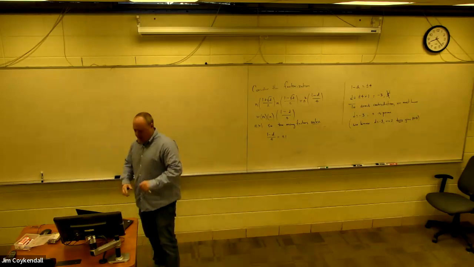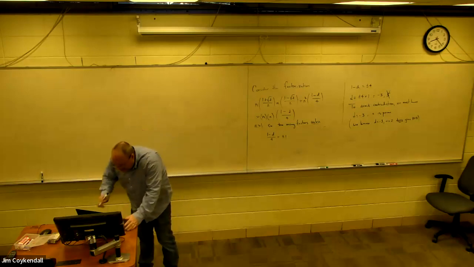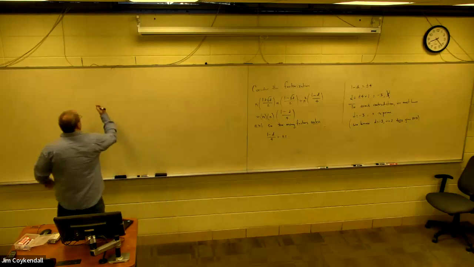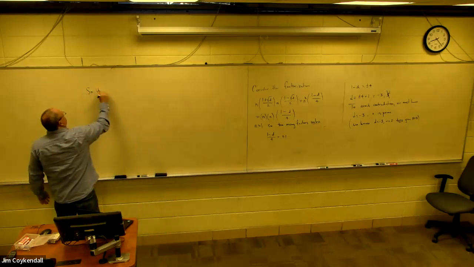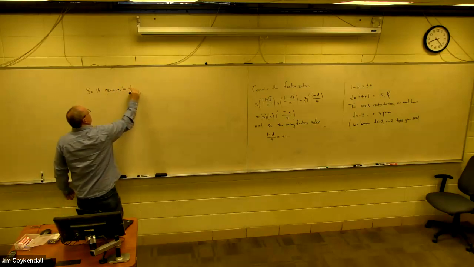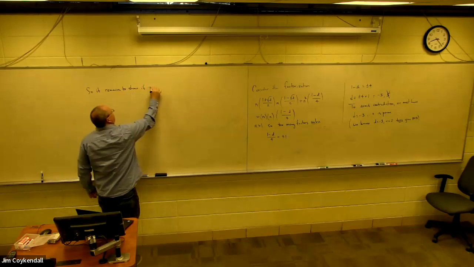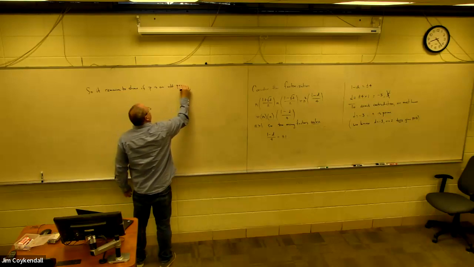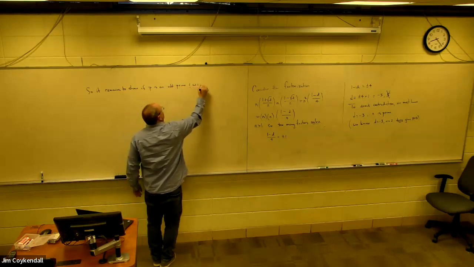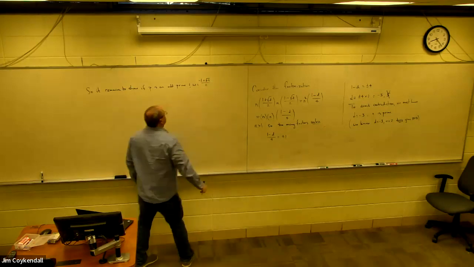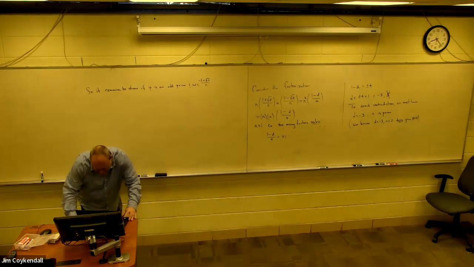Right. For the last little bit, it remains to show if p is an odd prime and omega is, that way, I'll do the cube root of unity here.